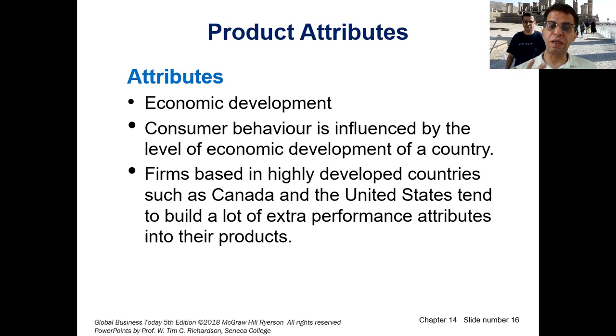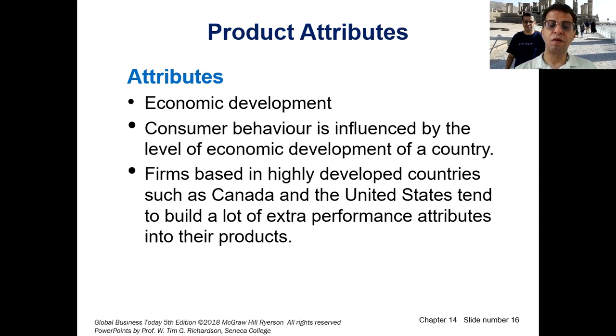Now, if we look at the attribute, the economic development, consumer behavior is influenced by the level of economic development of a country. If it's a high development, fast development, there is more income, their purchase habit changes.